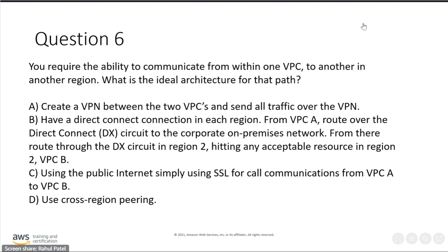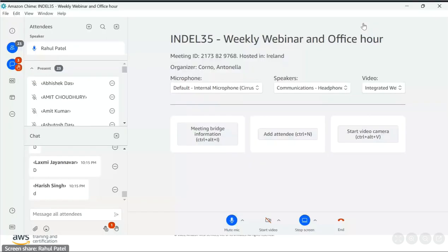Cross region peering. Okay. So when you have a scenario where you want to communicate from one VPC to another in a different region, cross region peering is something that we can use here.